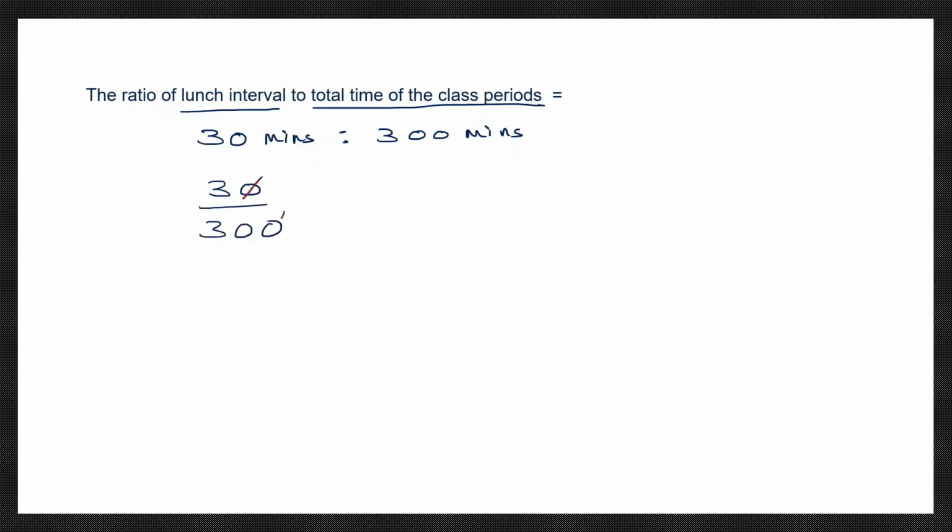I can cancel the zeros. Now I have 3 by 30. Both these numbers can be divided by 3. So that will make it 3 ones are 3 and 3 tens are 30. So we've got a fraction. Let's put it in the ratio form. 1 is to 10. So the ratio of lunch interval to total time of class periods is 1 is to 10.